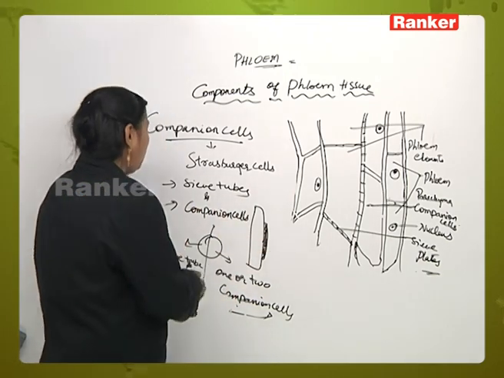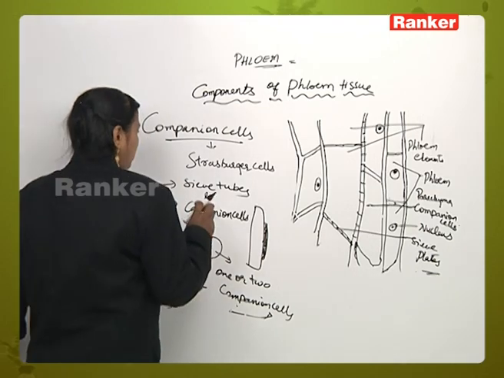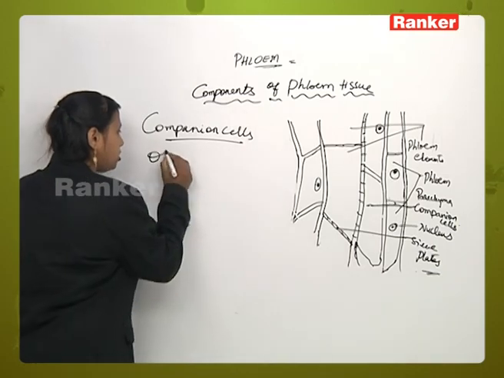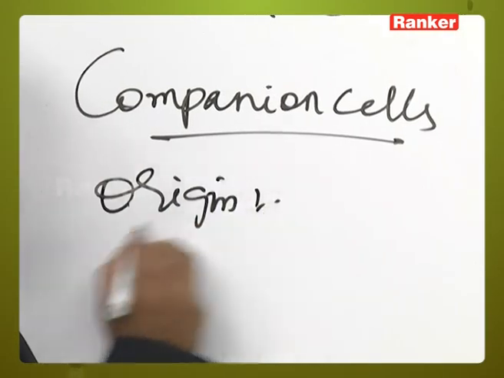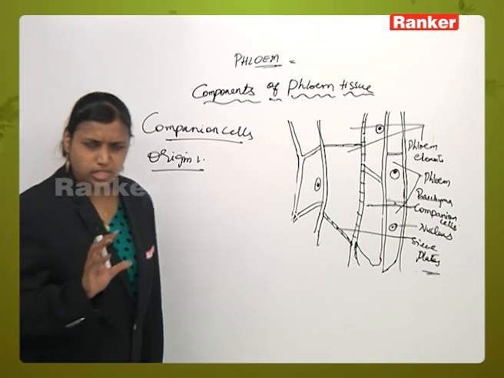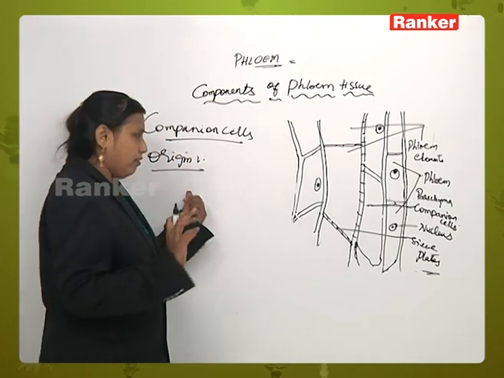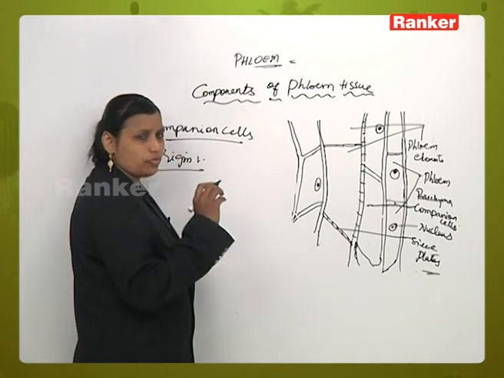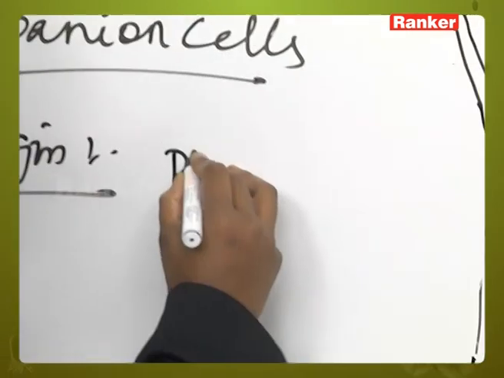And again, when we come to the origin of companion cells, from where do the companion cells originate? What is the origin of companion cells? Basically, we cannot see the existence of companion cells in pteridophytes and gymnosperms.